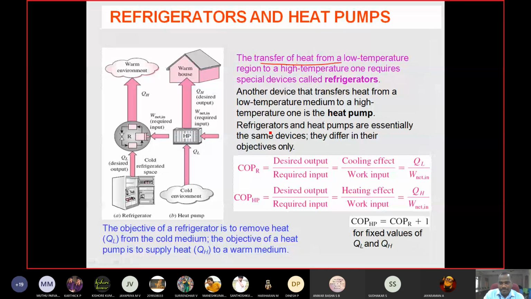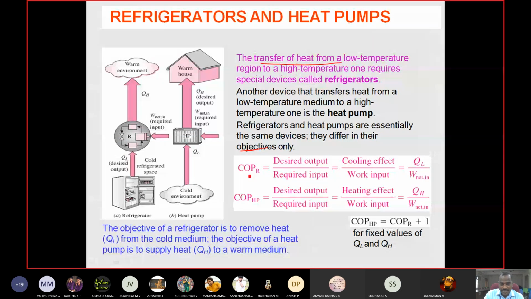So refrigerators and heat pumps are essentially the same device, right? They differ in their objectives only. We can get confused with these definitions. The definitions of these two are the same, but the objective is different, right? So we will look at what the objective of these two is.